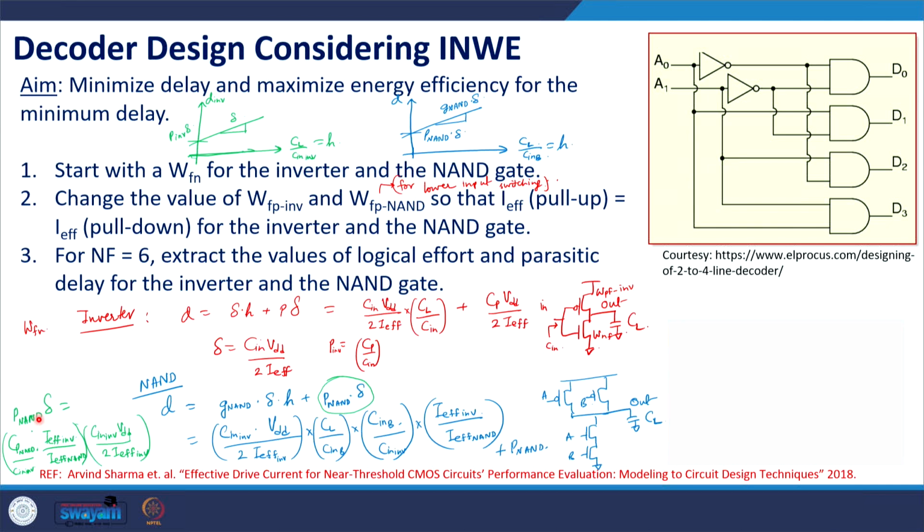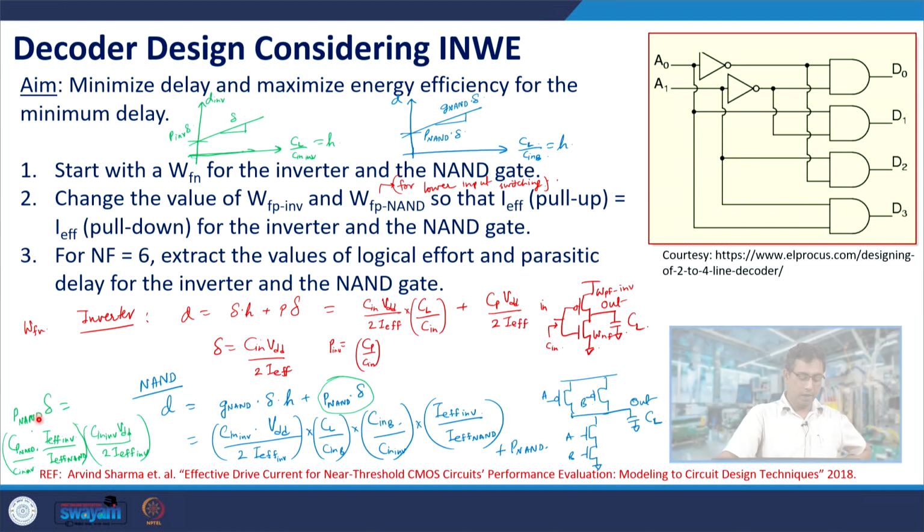So, using that linear relationship, we can get the value of finger width versus threshold voltage. So, once you know the threshold voltage, using the material covered in our previous lectures, you can estimate the change in effective current.